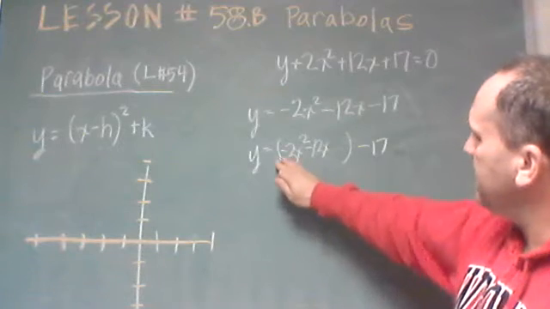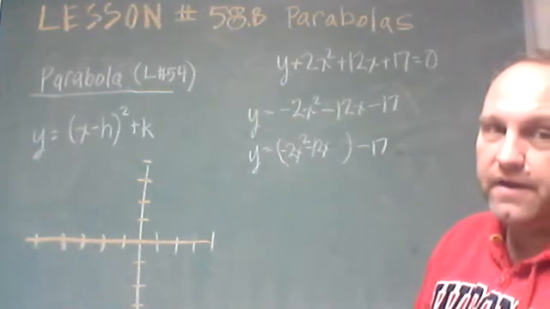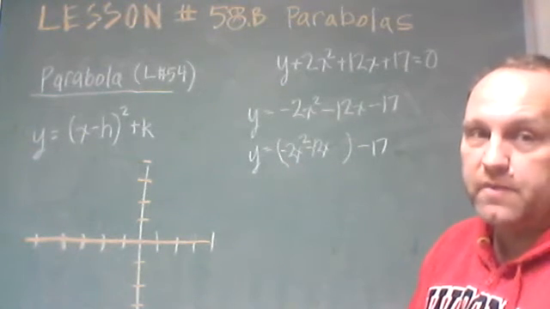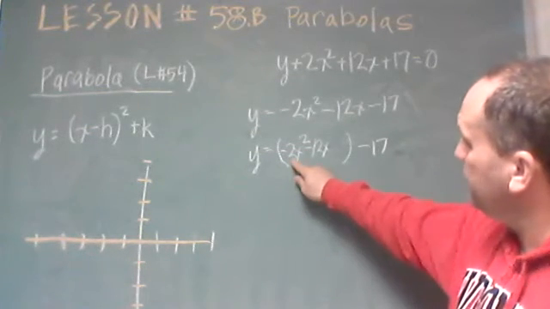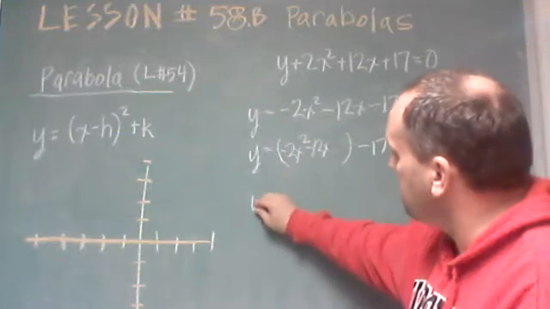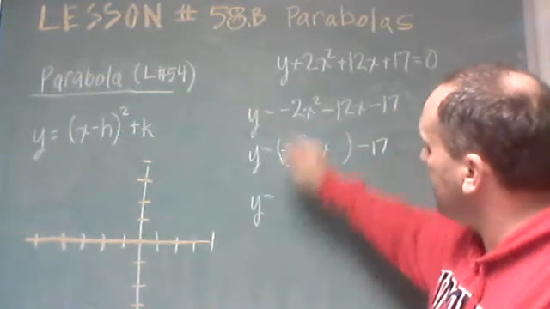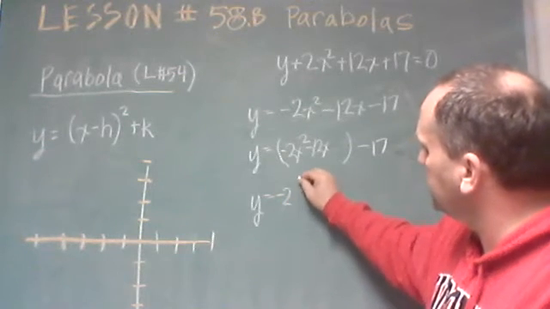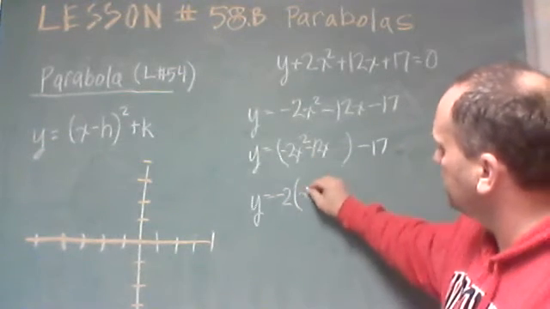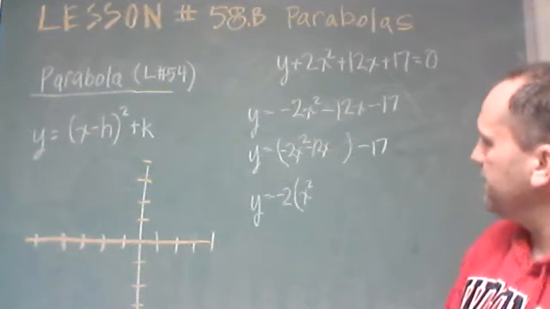But before I do that, I notice we don't have the x squared term with a 1 in front of it, and it has to be a positive one. So what we're going to do, we factor out that minus 2 attached to the x squared term. I'm going to factor out a minus 2, and that will leave me an x squared term with a 1 in front of it.